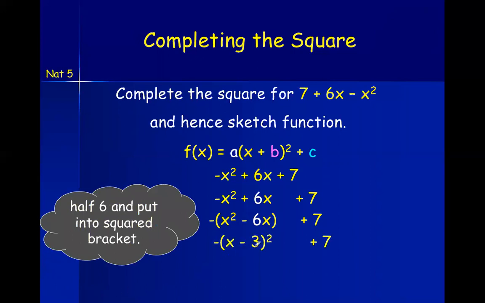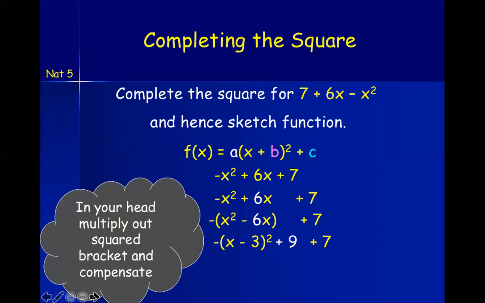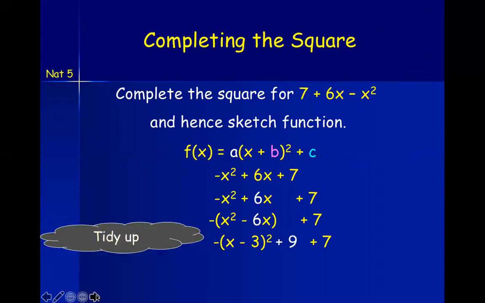Because minus 3 squared gives me a plus 9, I need to compensate by taking away 9. Because of the negative 1, the negative 9 becomes plus 9. And when you tidy up, you get minus (x minus 3) squared plus 16.